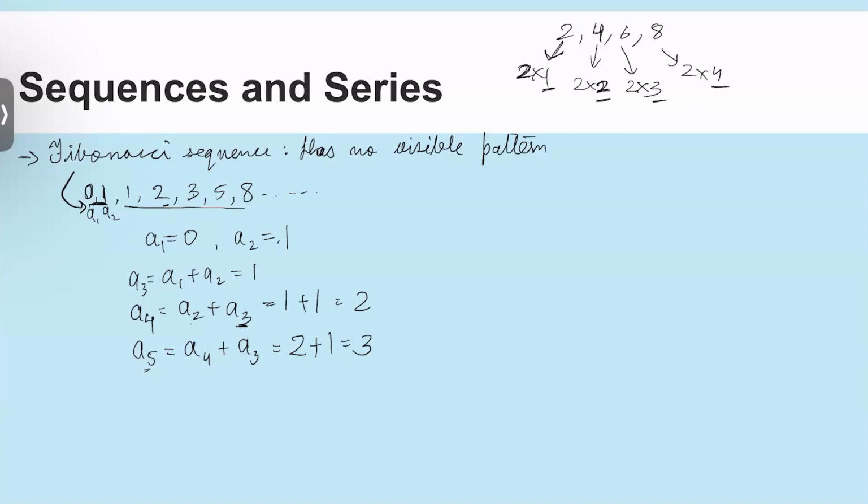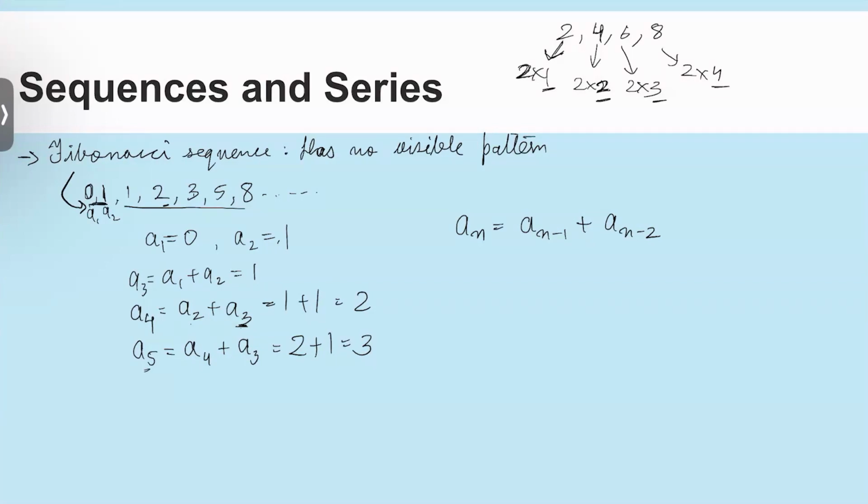So in general form, for the Fibonacci sequence, there is a general form which you can put. That is, AN is equal to AN minus 1 plus AN minus 2. So the nth term of the Fibonacci sequence is going to be the sum of the two previous terms.